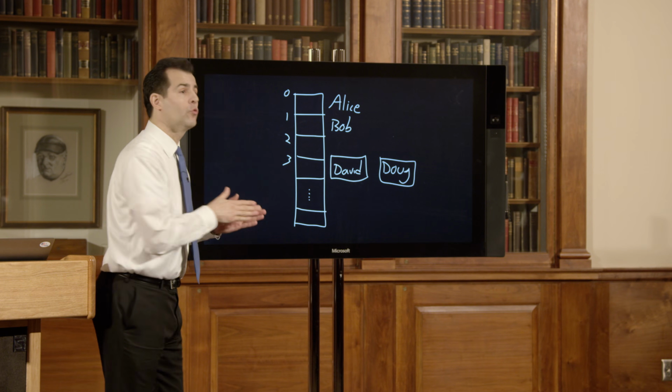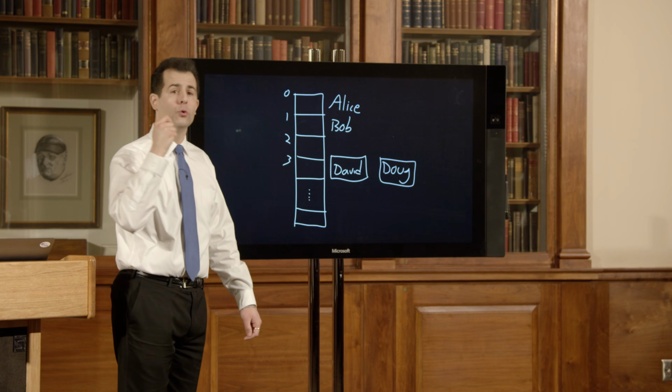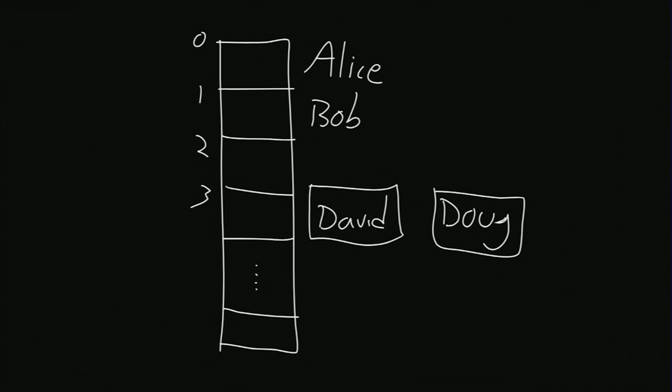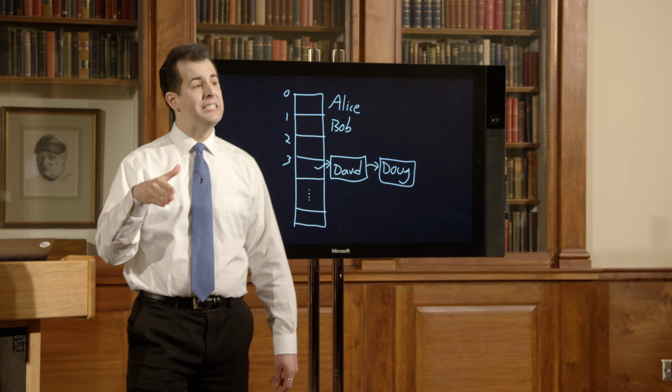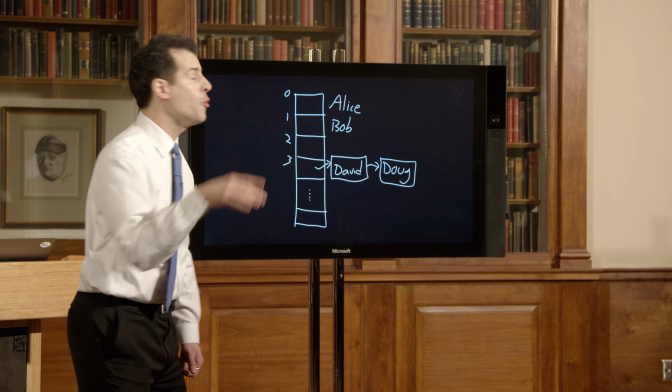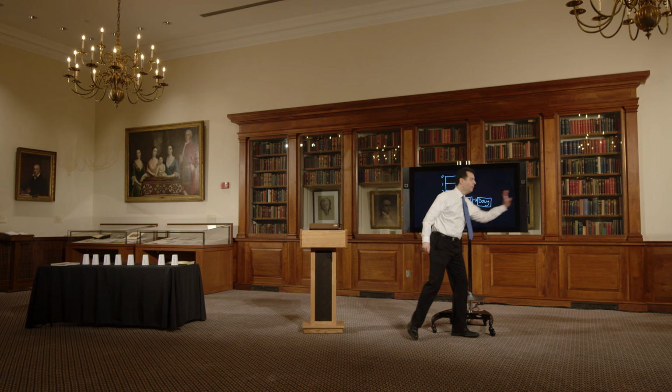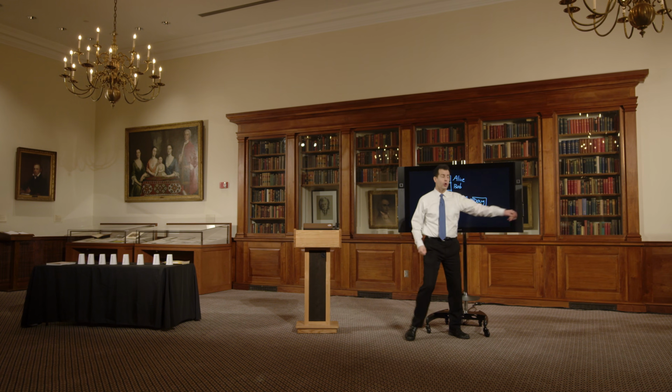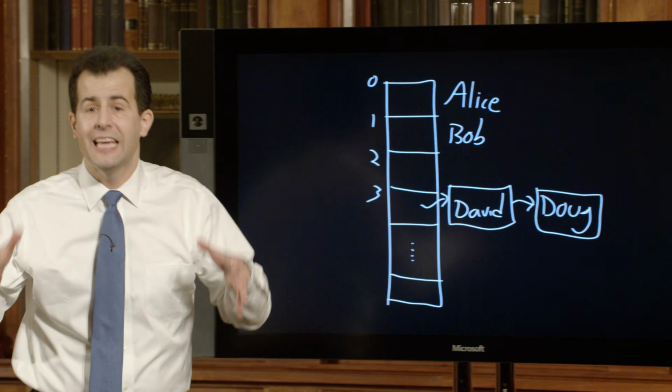And we can use this array still to get to the right nodes of interest, but now we can use arrows to stitch them together. If I have multiple names, each of which starts with a D, I just need to remember to link those together, thereby allowing myself to have any number of names that start with that same letter, treating that list really as a linked list.